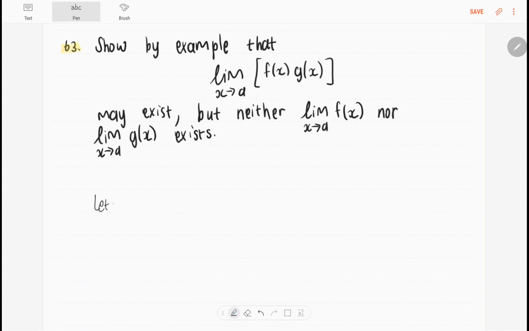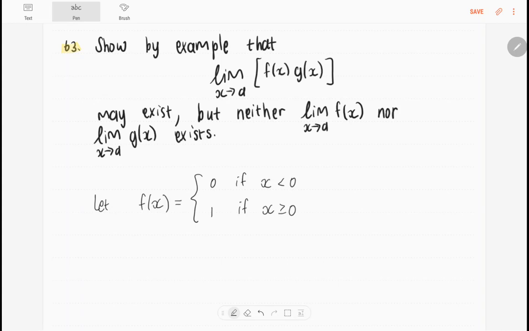So we say let f(x) be equal to 0 if x is less than 0 and 1 if x is greater than or equal to 0.